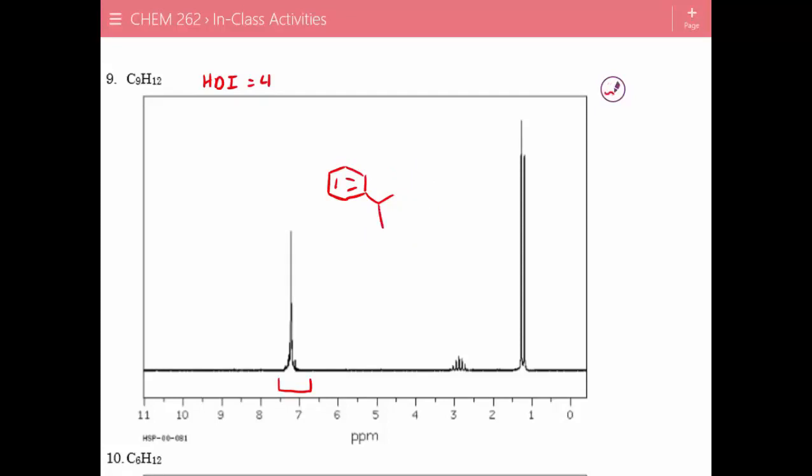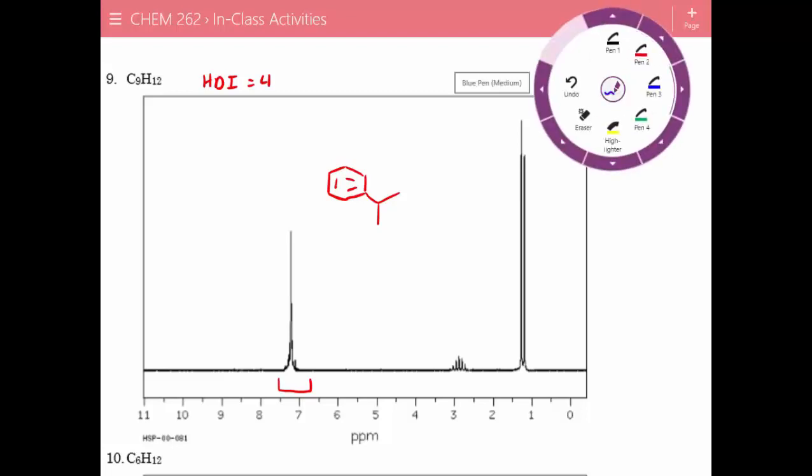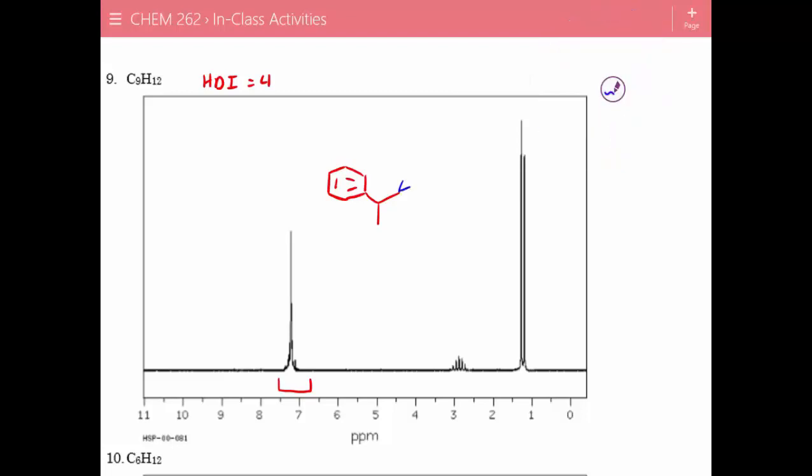Let's try this one, where we have an isopropyl group coming off. If we do this, we've got protons here. I'll call these HA. We've got protons here, and the question is, are these 2 methyl group protons the same? Yeah, they are, because we said an isopropyl group can spin around like a helicopter blade.